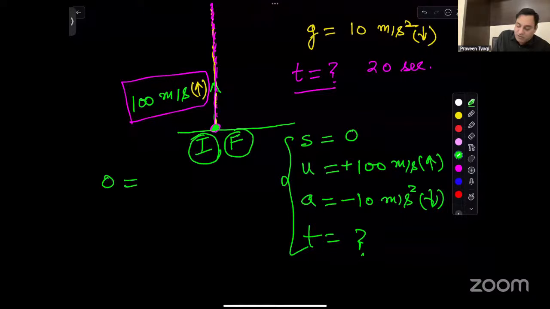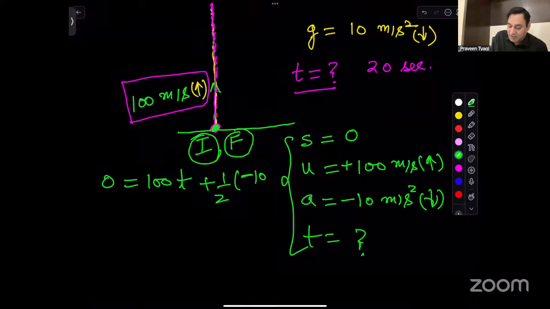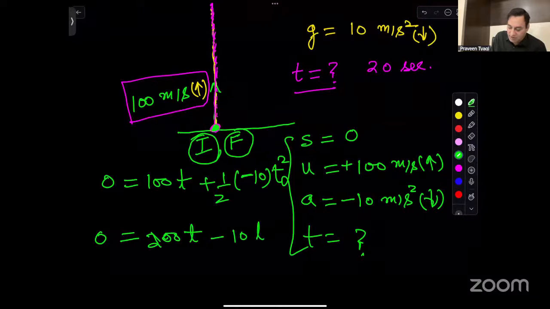So 0 is equal to 100 t plus half into minus 10 t square. And from here, you will get 200 t minus 10 t square, the 2 went to this side.